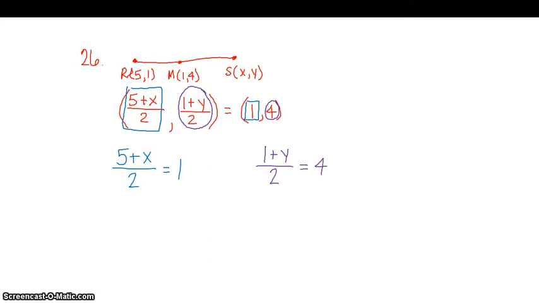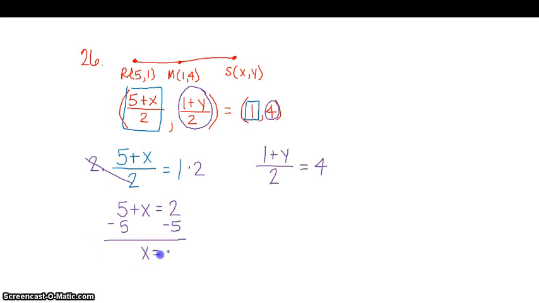Alright, now I am just going to use algebra to solve. Remember we talked yesterday, how do we get rid of divide by 2? We multiply. So that cancels. Now you're left with 5 + x equals 1 times 2, which is 2. Now you would subtract 5.